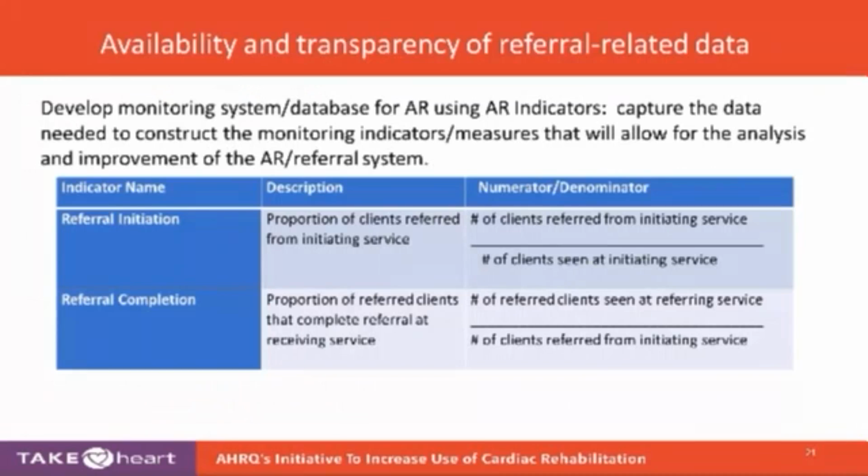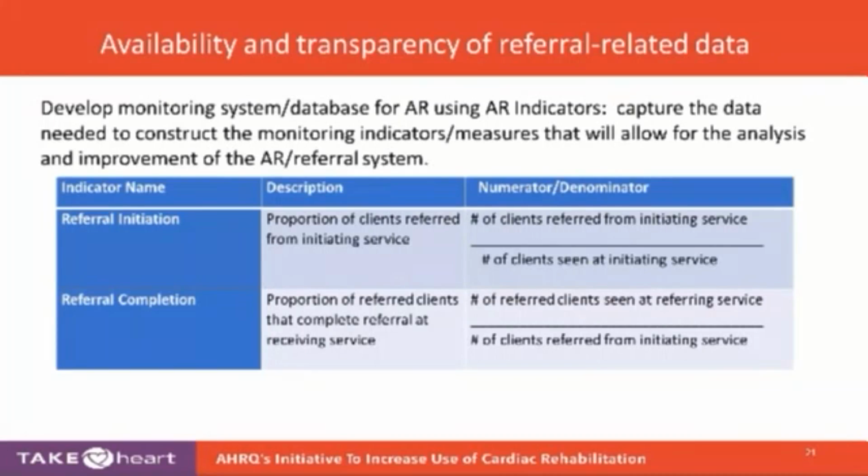So, all right. This breakdown, I think, is just a nice representation and a good indicator of one of the ways that you can organize your data. A referral initiation versus a referral completion.